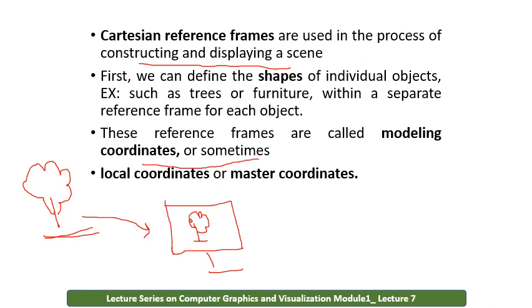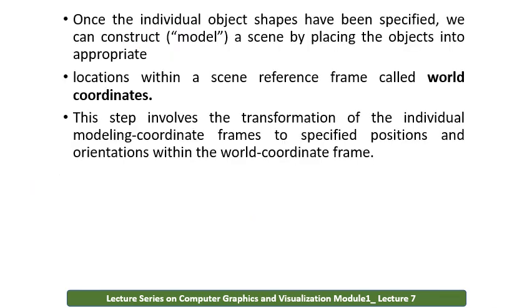The coordinates considered within this reference frame are called local coordinates or master coordinates. Once the individual object shapes have been specified, we can construct a model of a scene by placing the objects in appropriate locations within a scene reference frame called the world coordinates.